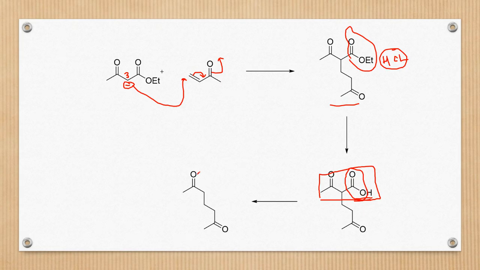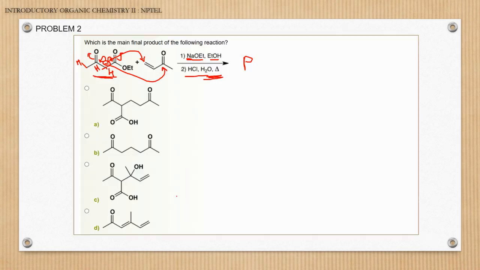After gaining the OH proton here, it will again isomerize to give you this ketone. So this is how the two steps are taking place. Now tell me, which is the correct option? Option B is the correct option.